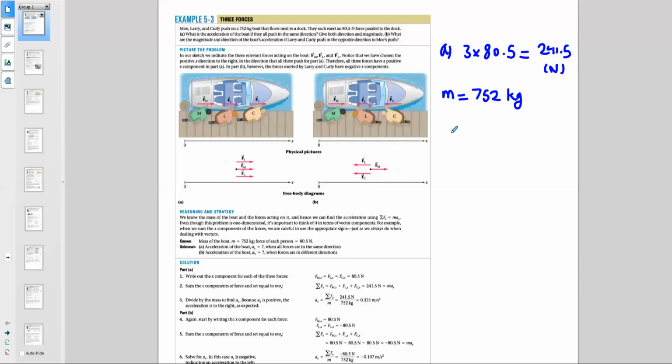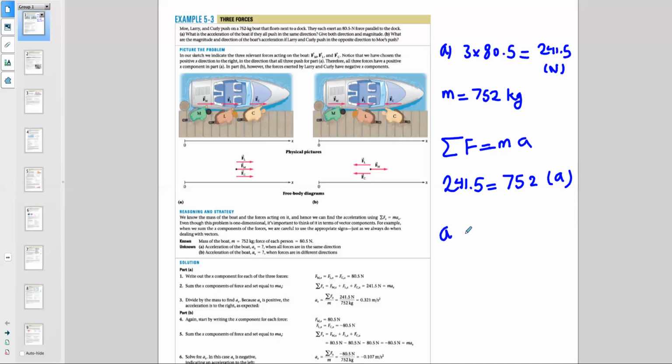Now we're looking for acceleration. Sigma F is ma. Sigma F is 3 times 80.5, which I already have there, 241.5. 241.5 equals the mass of the boat, 752, times a.